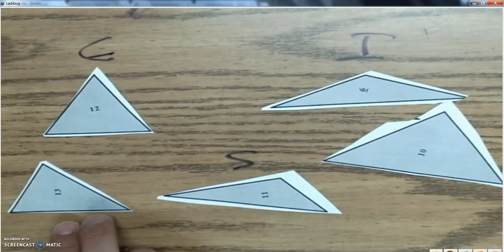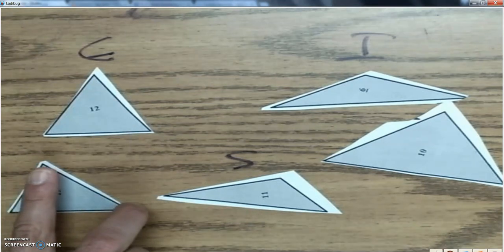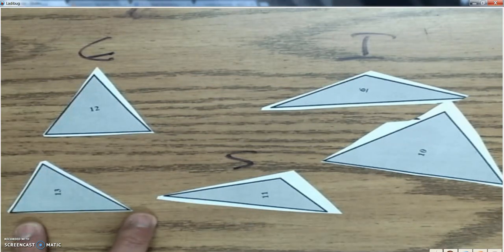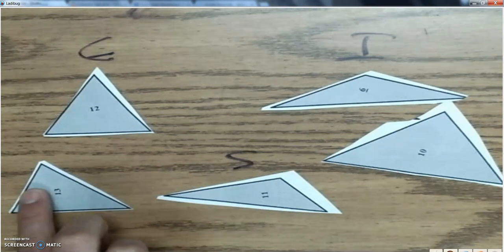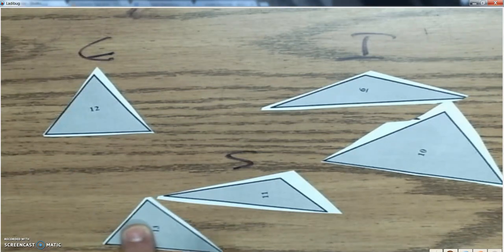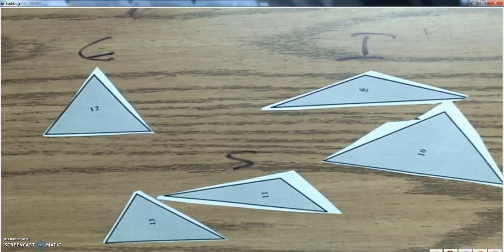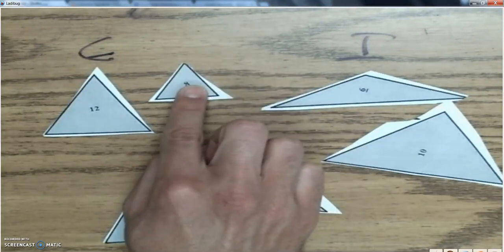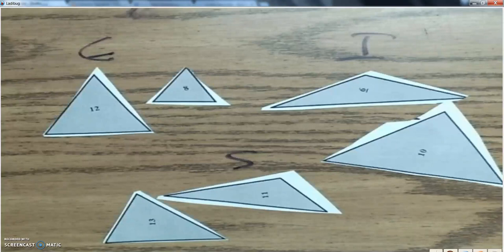I think on this one, this side's the longest. This side I think is shorter than this side. And that side's the shortest. So that'd be a scalene. And I don't know if I have another equilateral in my pile. Let's see. How about that one? Yeah, that's also an equilateral. All three sides the same. Okay? And we'll do one more when we get to the we do.